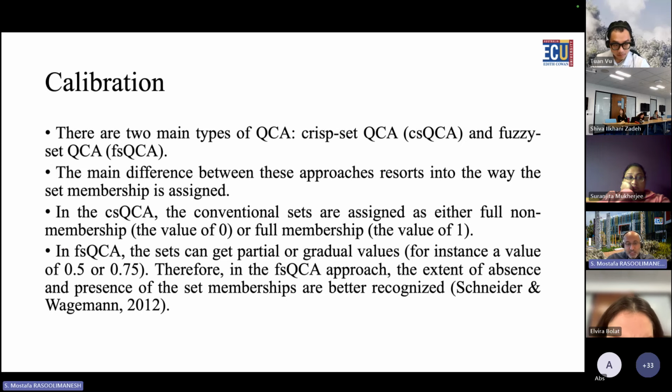So assigning membership and calibration of data to rescale to 0 to 1 is the first step for QCA or fsQCA analysis. Here, FS comes into the picture, fuzzy set comes into the picture. We can calibrate our data and assign values to our data based on different methods.